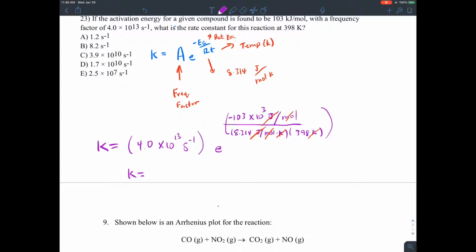We did put our negative in there, so we're all set. And our answer at the end, K, is equal to 1.212.